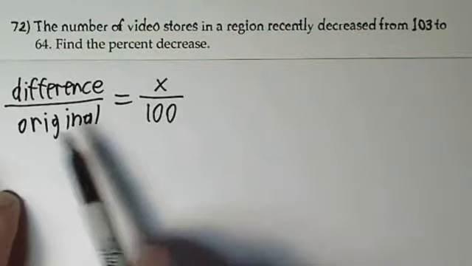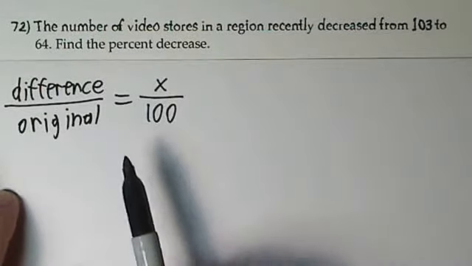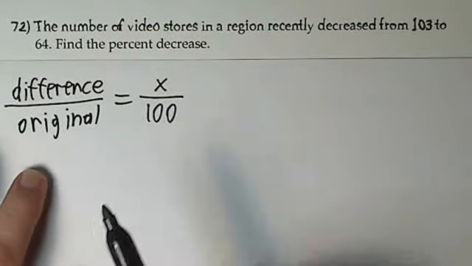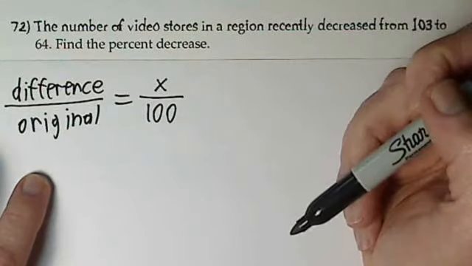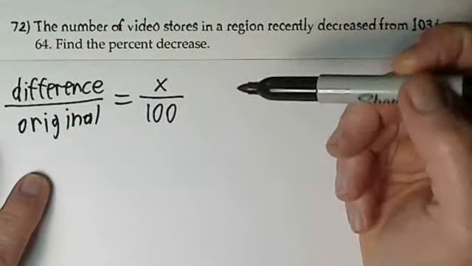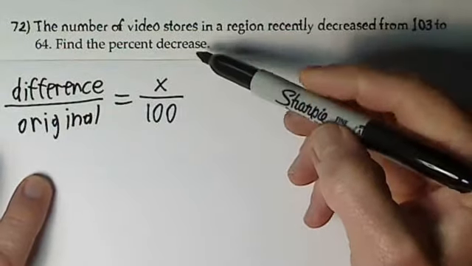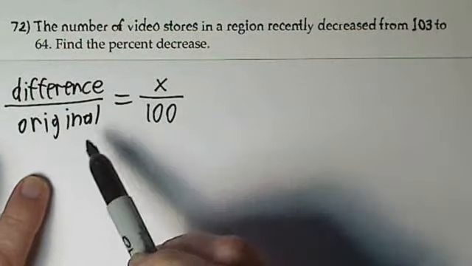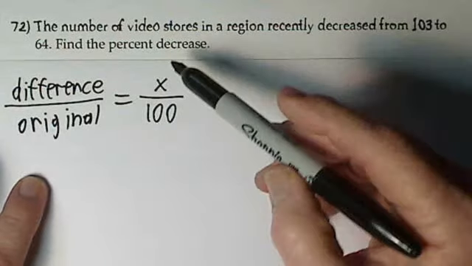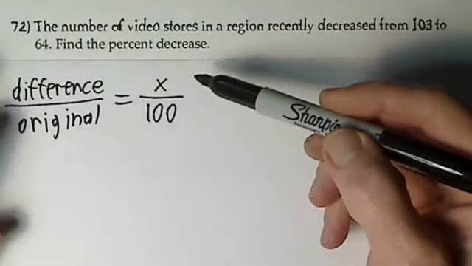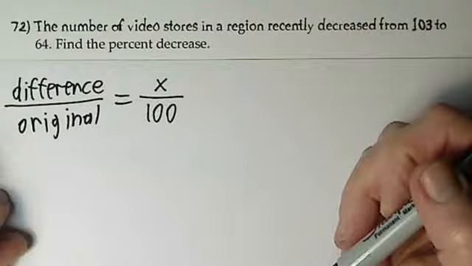You really need to use this proportion if they ask for the percent decrease or the percent increase. And you don't have to worry if it's going down or up. That'll be taken care of with how this gets set up. But if it says percent decrease or increase, this is the proportion you're going to use.